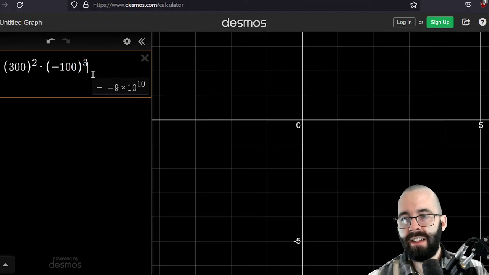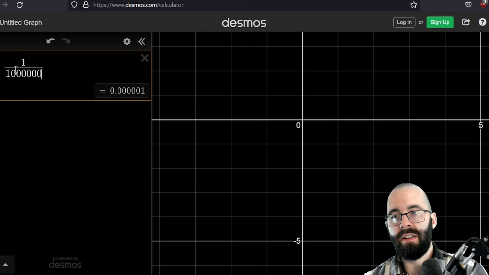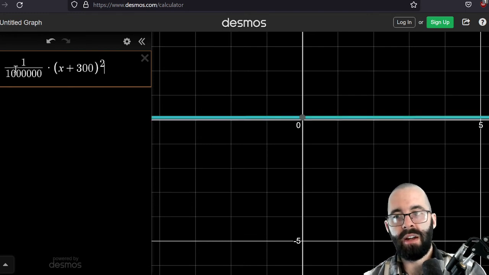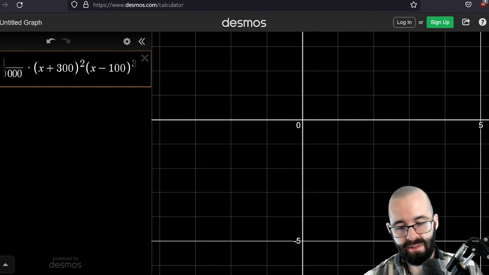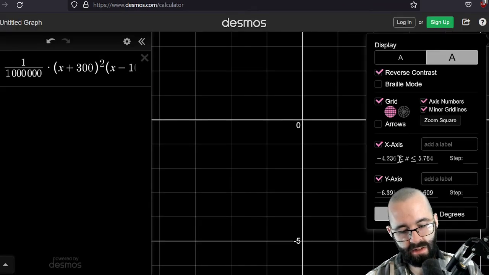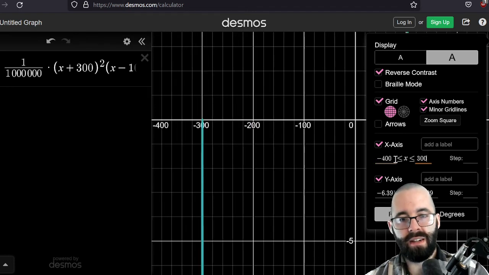Let's check it. Let's graph our function. 1 divided by 1,000,000 times x plus 300 squared times x minus 100 cubed. And x is going from -400 to positive 300.